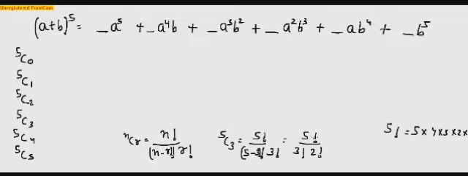So 5 factorial becomes 5 into 4 into 3 into 2 into 1. 3 factorial becomes 3 into 2 into 1. And 2 factorial becomes 2 into 1. So finally what we get is 5 into 4 by 2 into 1, which is 10. So the value of 5C3 is 10.